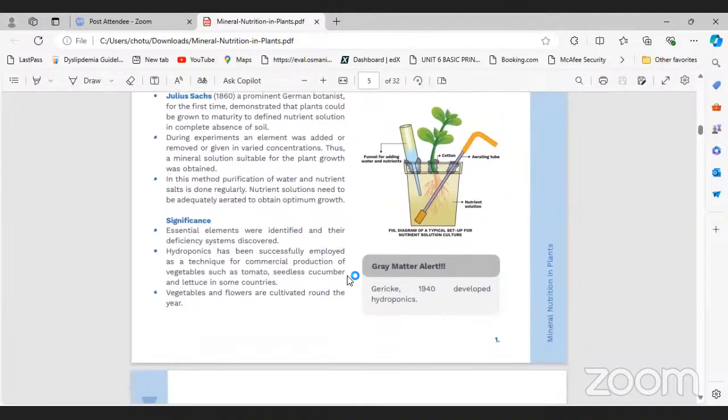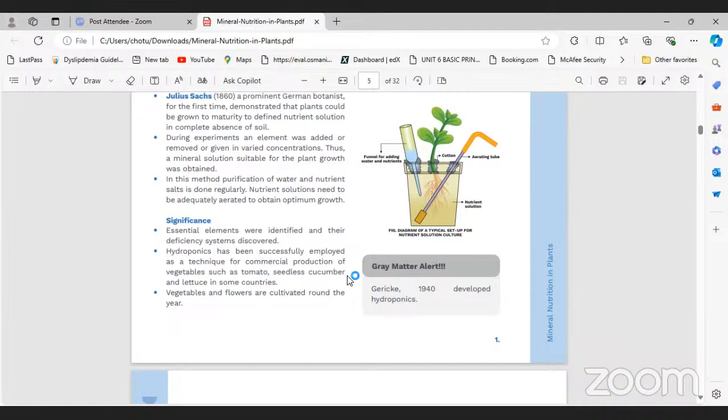Significance: essential elements were identified and their deficiency symptoms discovered.